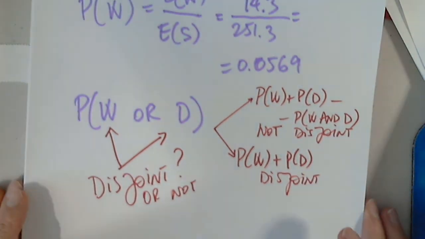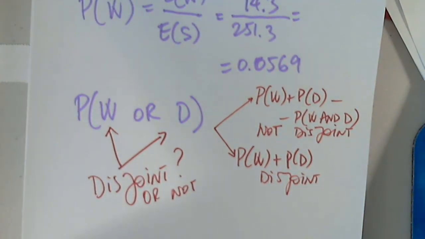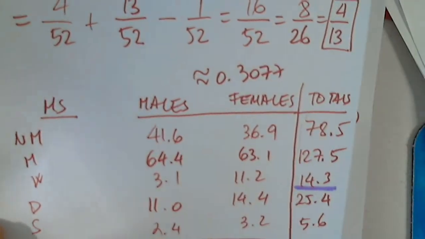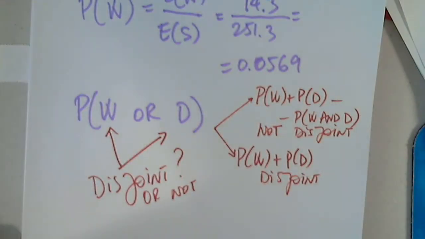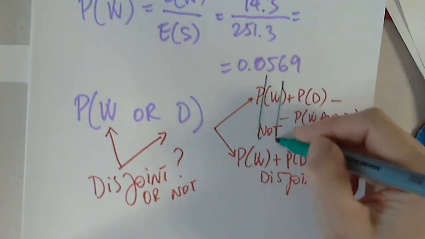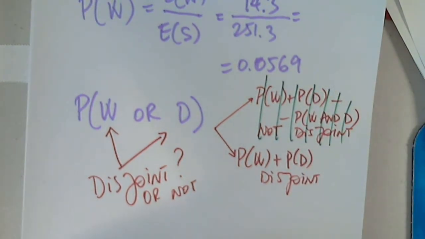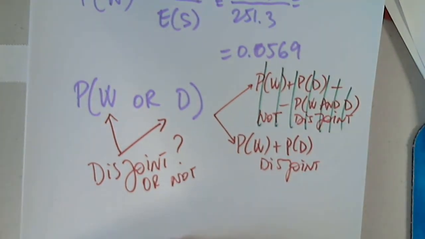Can they happen at the same time? In real life, they can. Can they happen in our study at the same time? To be widowed and divorced? No. Since that cannot happen, we will say they are disjoint.